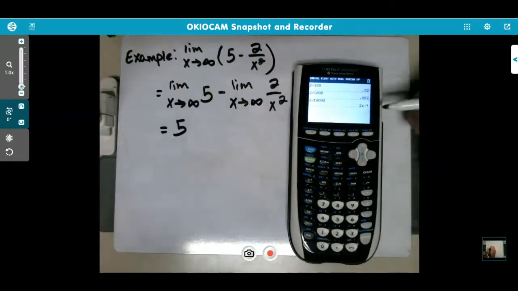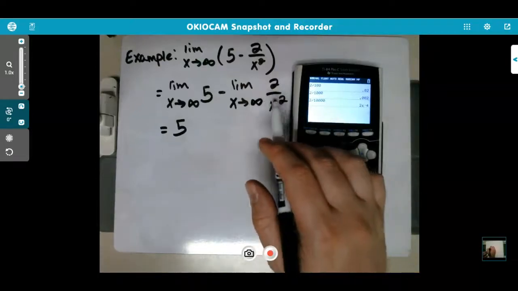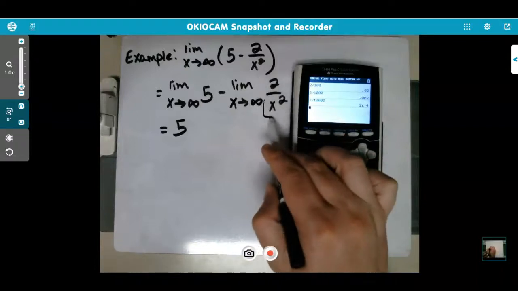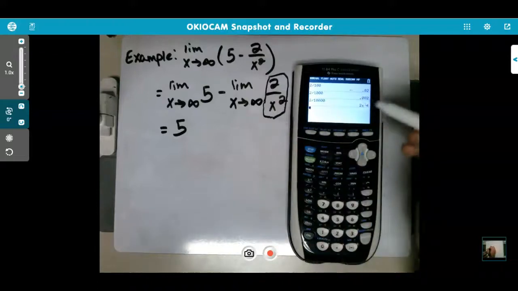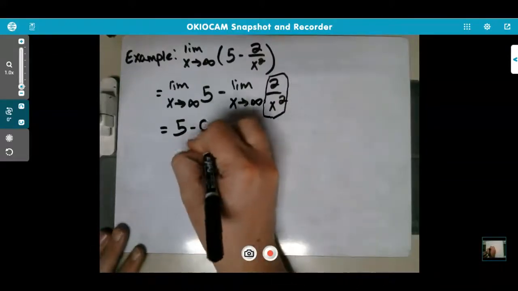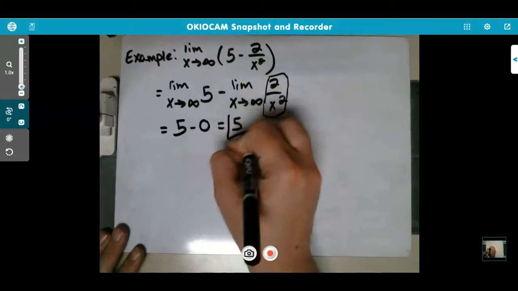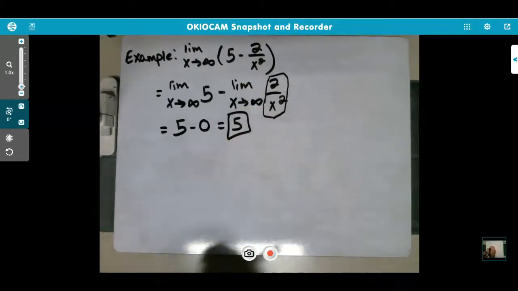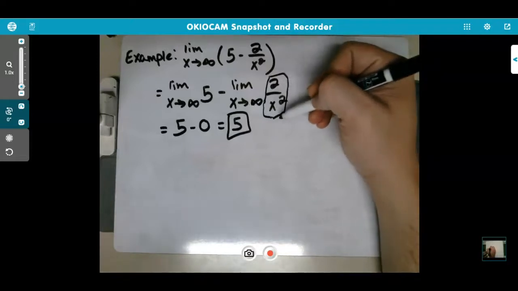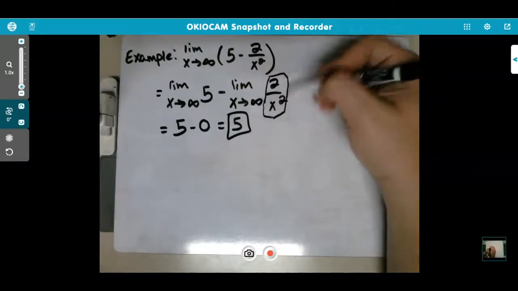Even more so, that would be 0.0002. So my point here is as I do 2 over something that's really, really, really big, the entire thing is approaching 0. So this is going to be 5 minus 0, which is 5. So the answer will be 5. Again, that is because if I do 2 divided by something that's really big, the whole thing is going to get really small.